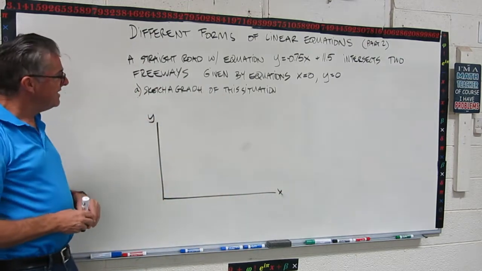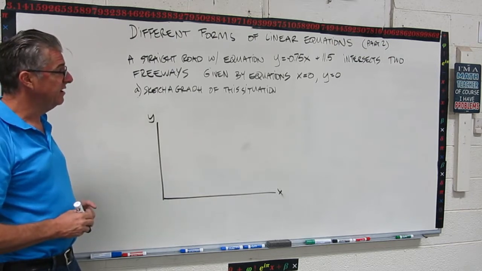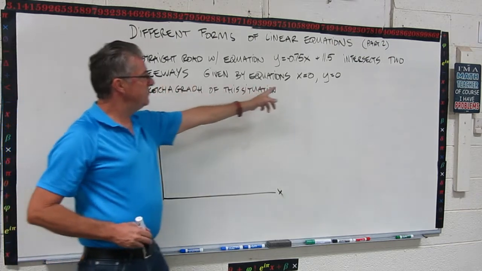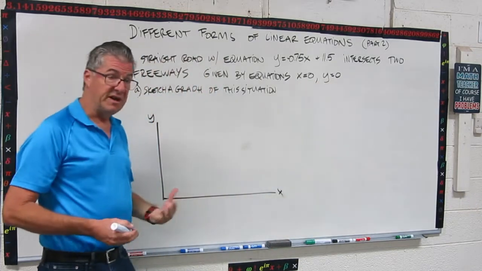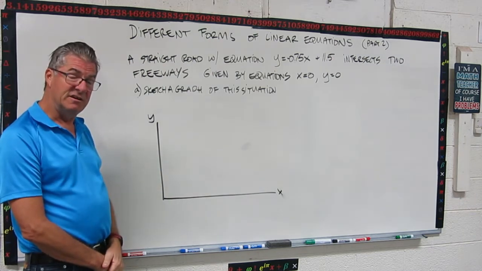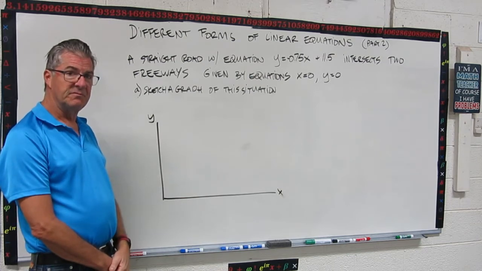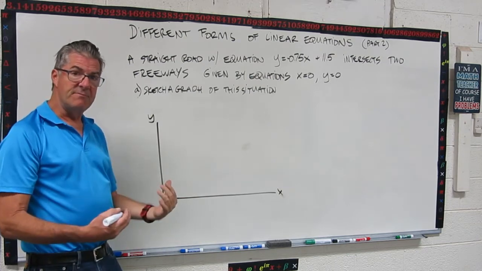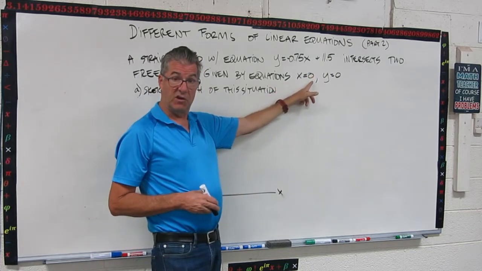Now let's see if we can add a little bit more information on this to help clarify what we've got going on here. The freeways are given by the equations x equals 0, y equals 0. So there's two freeways. Now, on the graph, they are already here. See if you can think and figure that out. Where are those two freeways? Okay, if you remembered that any line x equals something with no y, that's a vertical line.